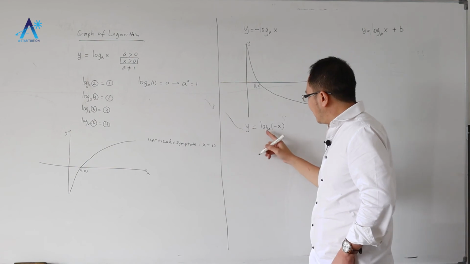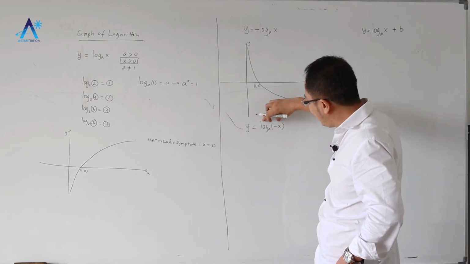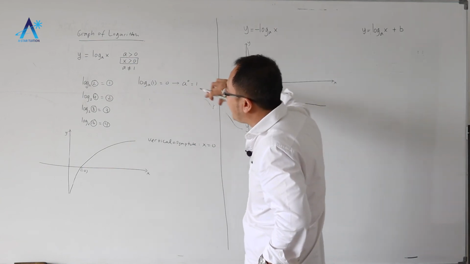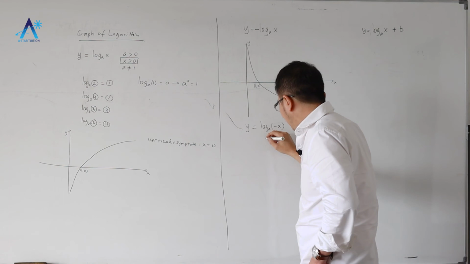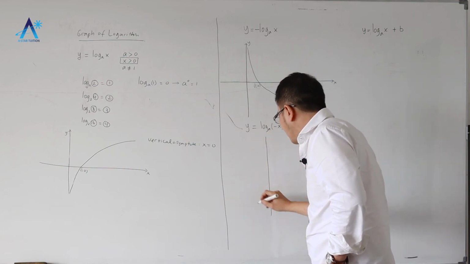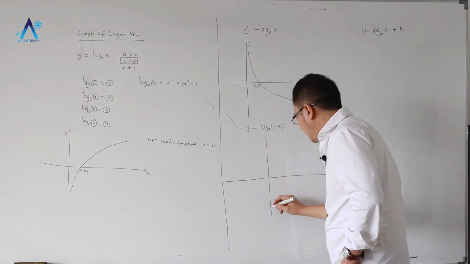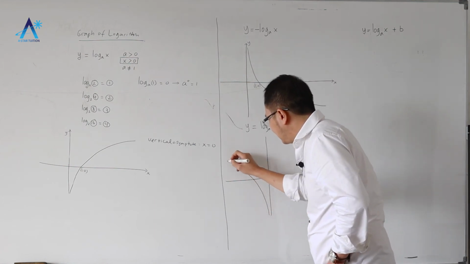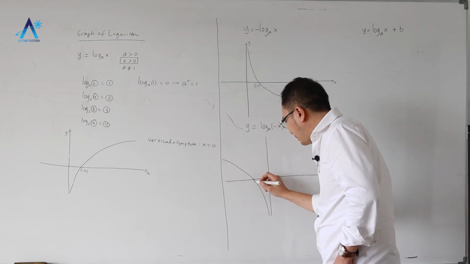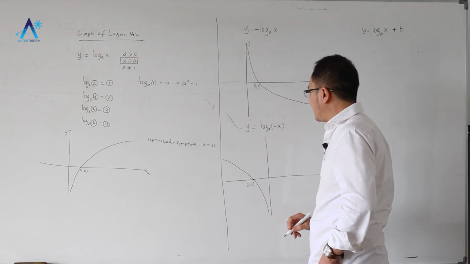Now, with the negative preceding this x, this is a reflection of the original graph by the y-axis. The graph of this would look like this. And this coordinate right here is (-1, 0).